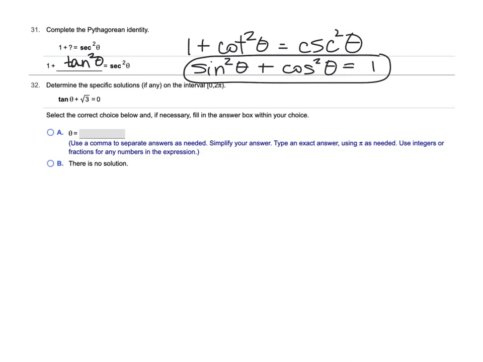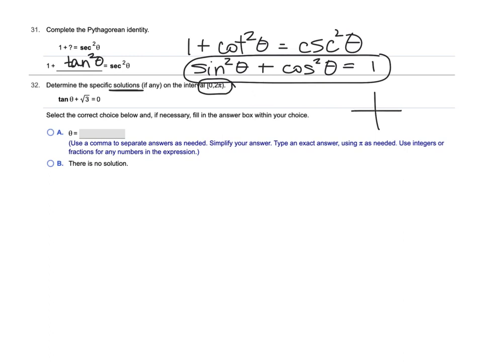All right, we are almost done. We are at the end with the last 3 problems. This is the very last material that we're covering. This is where we're solving trig equations and finding specific solutions. The key here is that the answers are between 0 and 2 pi.